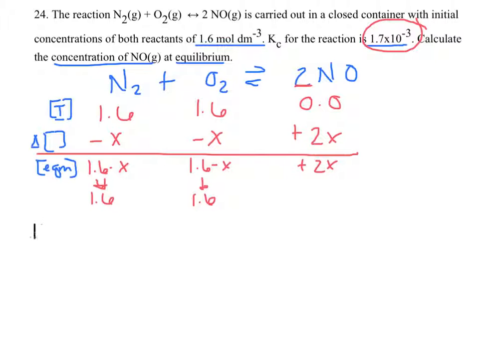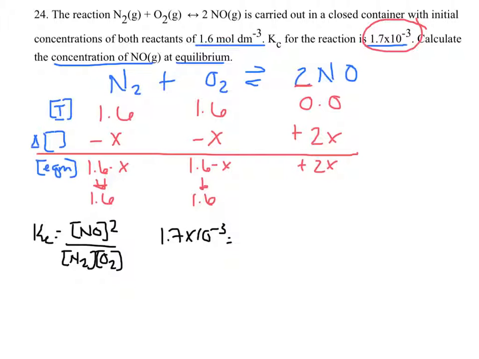Let's set up our equilibrium expression of products over reactants. Let's substitute in our given information. So we have 1.7 times 10 to the negative 3 equals 2x squared over 1.6 times 1.6, which is 1.6 squared.